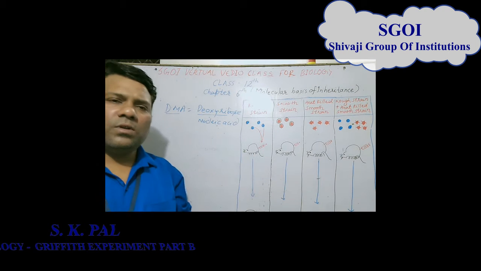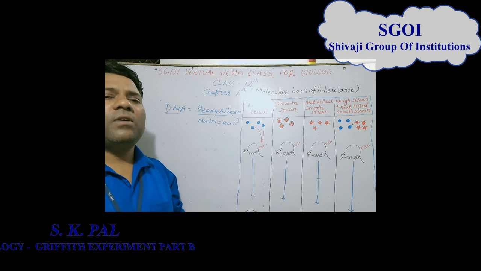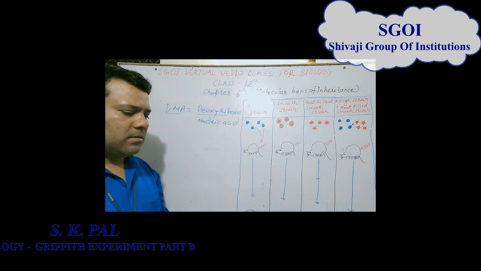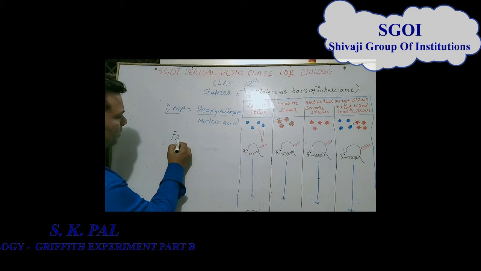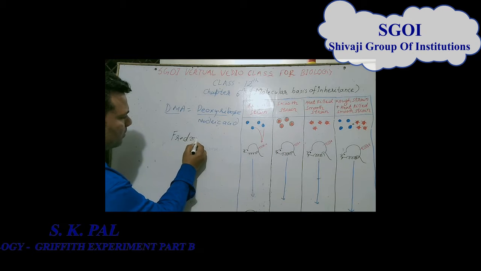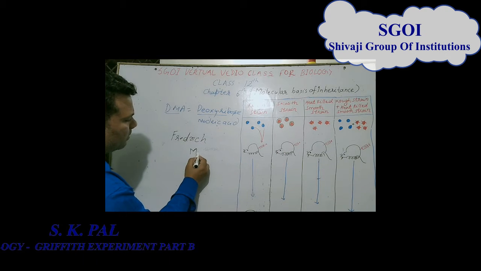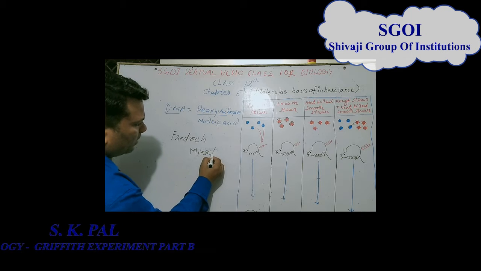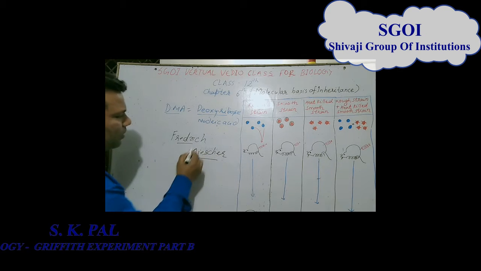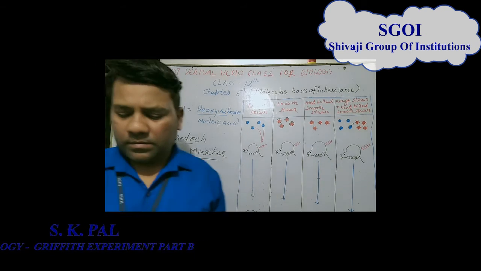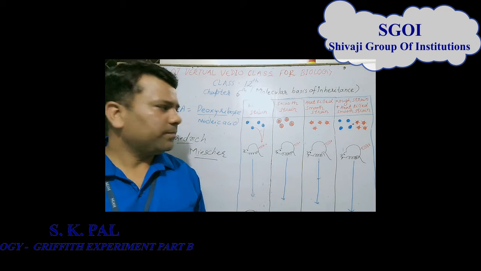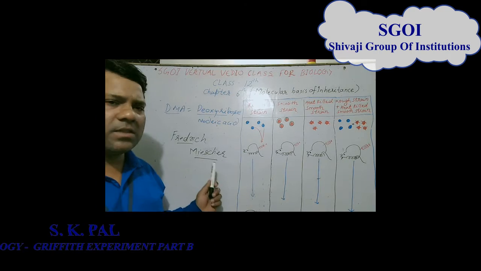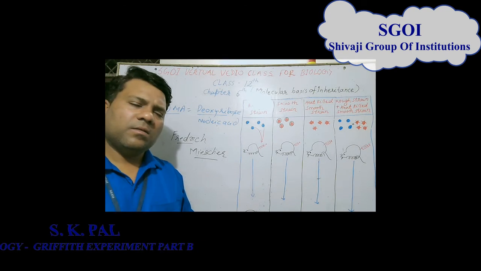How the DNA molecule was first identified: a scientist called Frederick Miescher first described the DNA molecule.